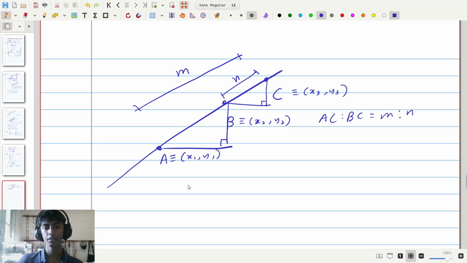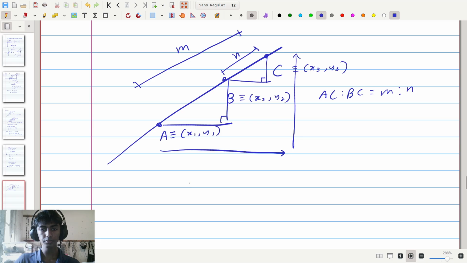So here, considering the distance A to C, the x-coordinate difference between these two is x3 minus x1, and the y-coordinate difference between these two is y3 minus y1. So therefore, AC's horizontal distance, which I am going to label as AC with a horizontal arrow above it, is going to be x3 minus x1.